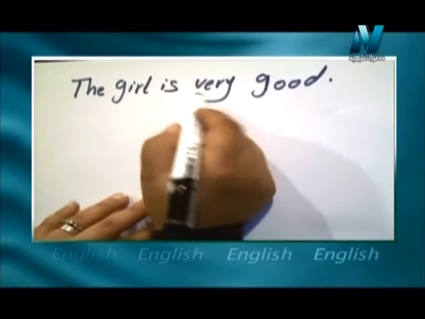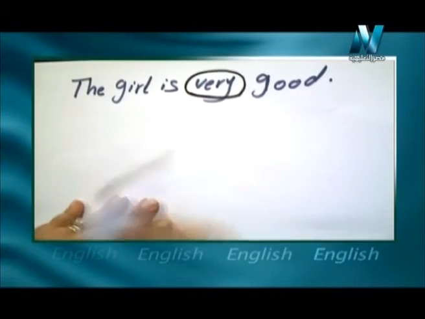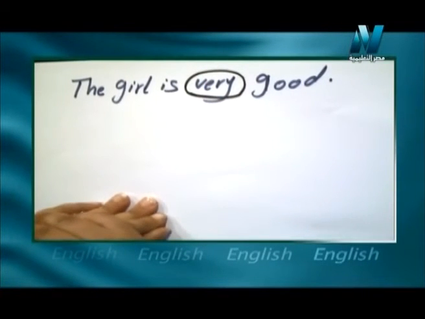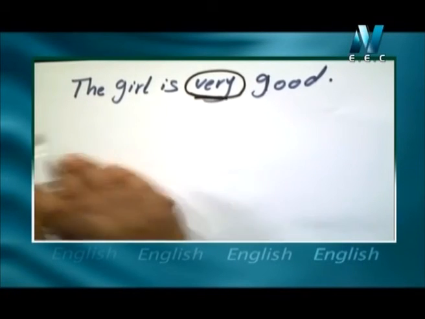Let's have an example. When I'm saying the girl is very good here, I have here an adverb which is very. The girl is very good. Very is an adverb.